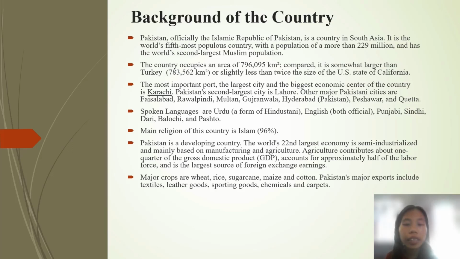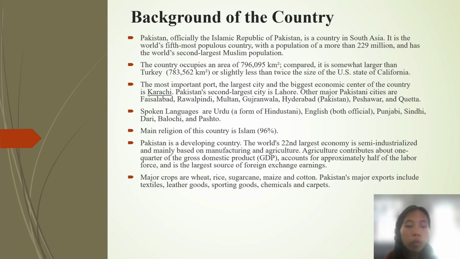The world's 22nd largest economy is semi-industrialized and mainly based on manufacturing and agriculture. Agriculture contributes about 1/4 of the gross domestic product, or GDP, accounts for approximately half of the labor force, and is the largest source of foreign exchange earnings.